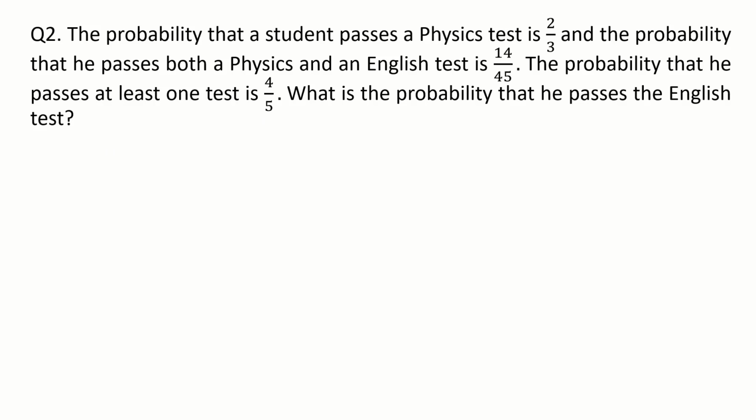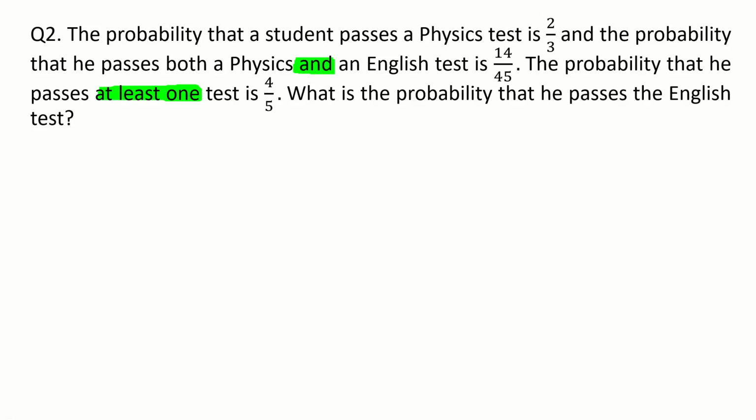Don't get confused. Just try to identify "and" or "or" in the question. See here, there is "and". And means intersection, it is the intersection of two events. Here also "at least one". At least one means union.